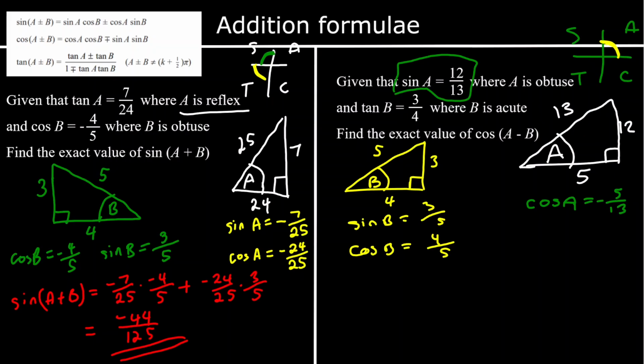So we want cos(A minus B) this time. So our cos(A minus B) formula is cos A cos B, negative 5/13 even, times 4/5 plus sine A sine B, which is 12/13 times 3/5.